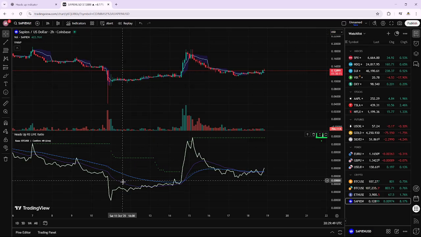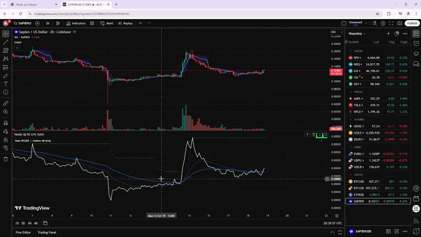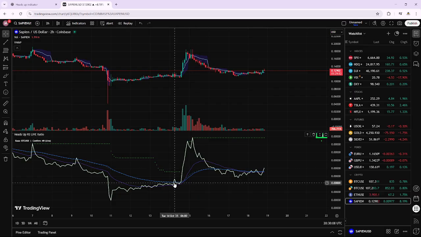Even if you had EMAs running along your RSI, you'd be above the EMA, probably around this section. There's no really defined moment when the relative strength of your asset is breaking free and going above the moving averages that you'd have on your RSI. Whereas on the heads up indicator, it shows you very accurate movements above EMAs, which are very important EMAs when it comes to detecting your relative strength.